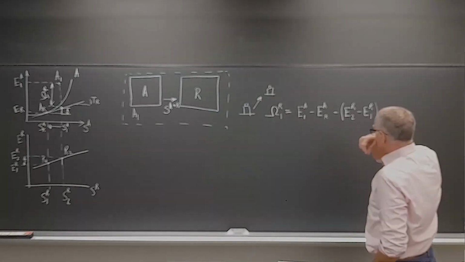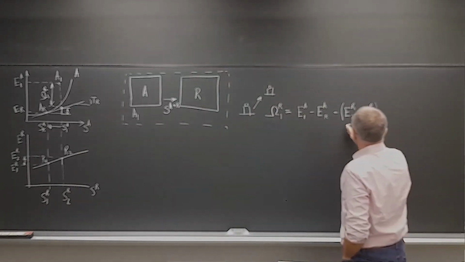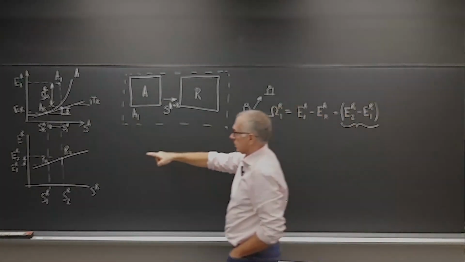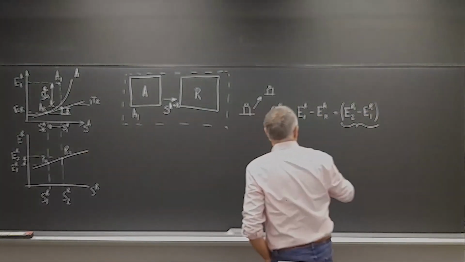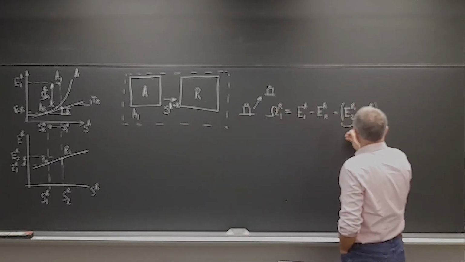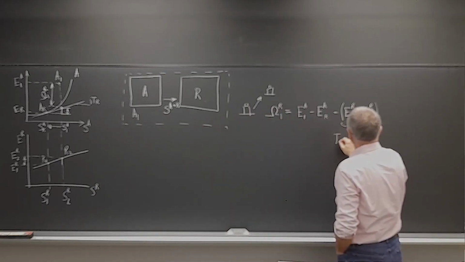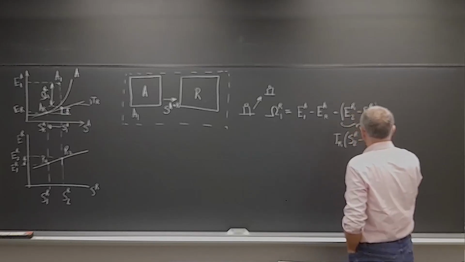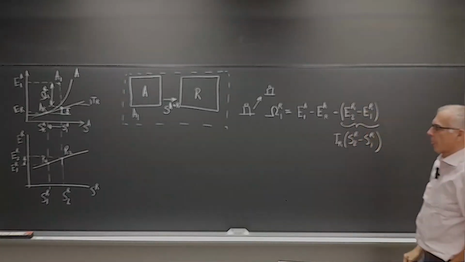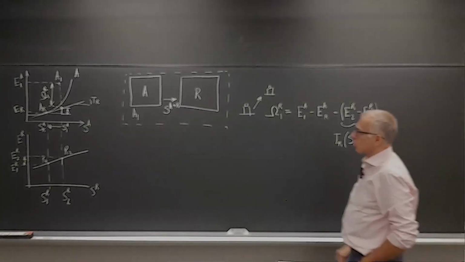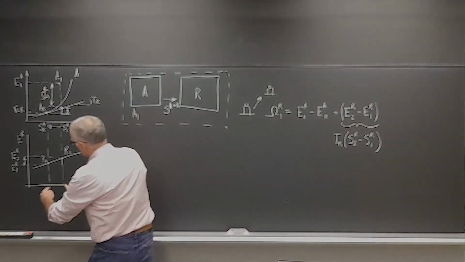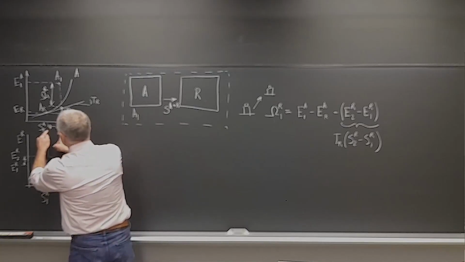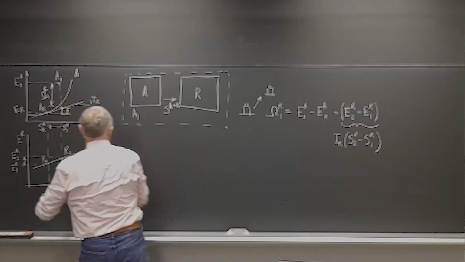And then all I have to do is remember that the stable equilibrium state curve for a reservoir is a straight line. So I can rewrite this as TR times S2R minus S1R. And then I also remember that the amount of entropy that the reservoir must take is equal to the decrease in entropy that I need for my system.